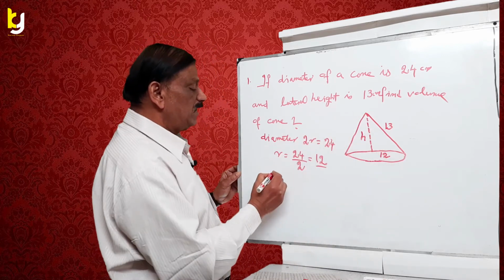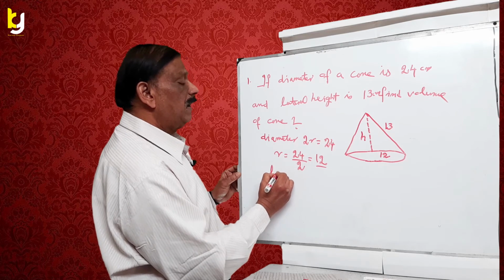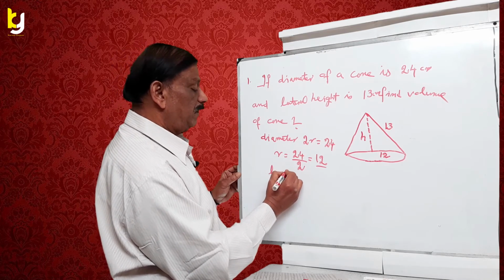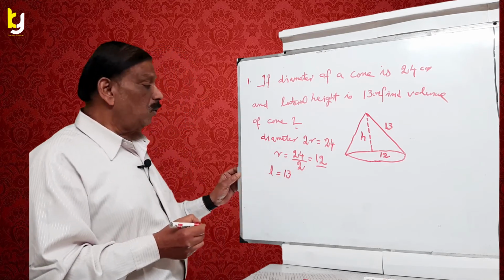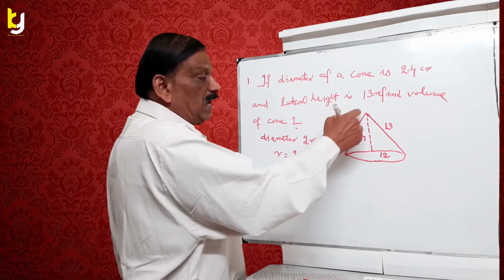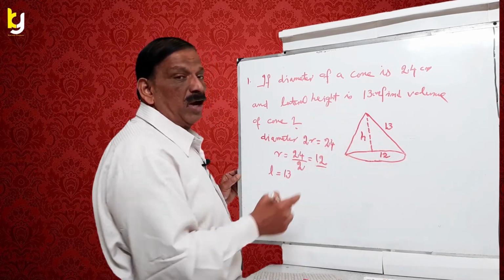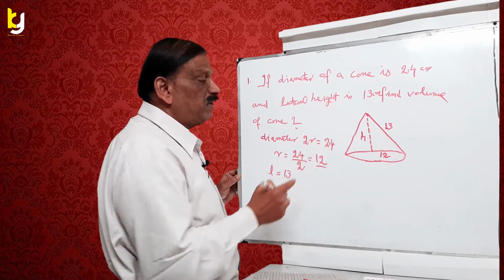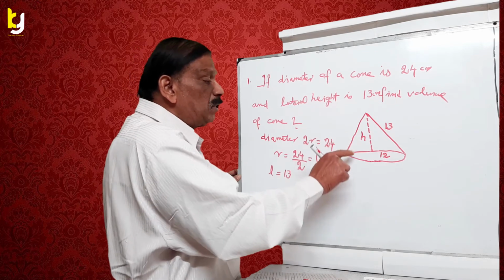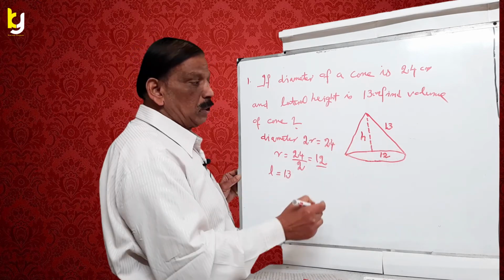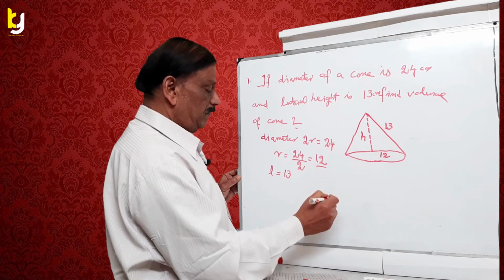Then lateral height is given, L. Lateral height L is equal to 13. In a cone we know, according to the Pythagoras theorem, hypotenuse square is equal to altitude square plus base square. This is a right angle triangle.